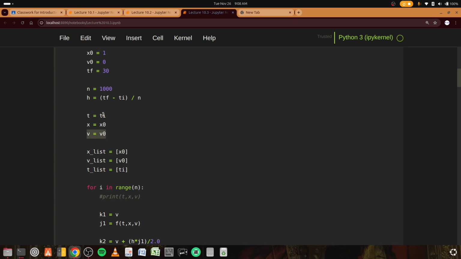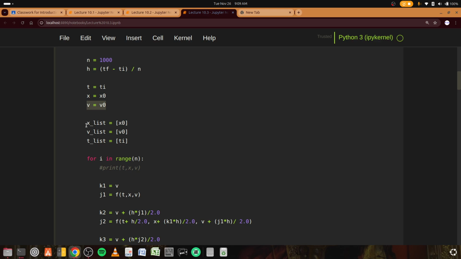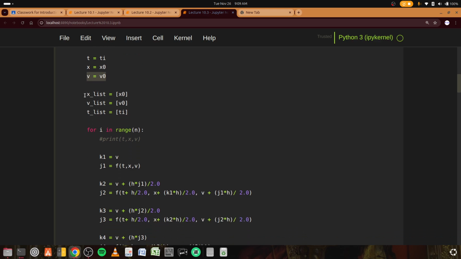The initial parameters are given as entry to the t, x and v variables. You are giving the initial values as the starting point to these parameters: time, position, velocity. Also create a list to store this data as we increment through the function, and then we will plot the data using this list. So you need to store this data, that is why you are creating this list.